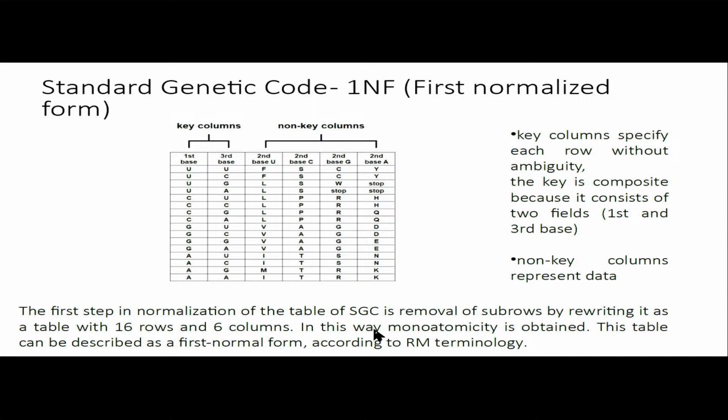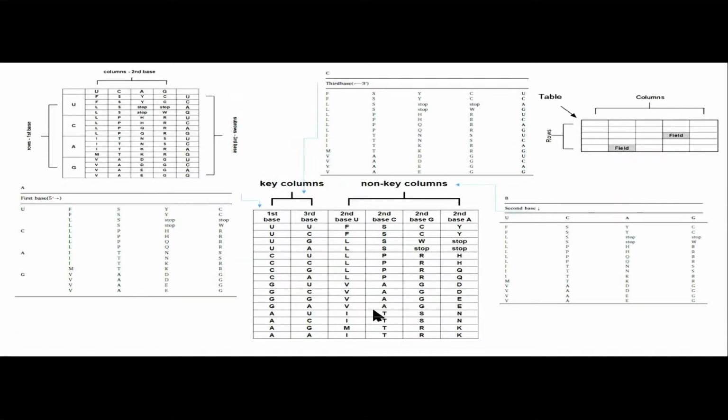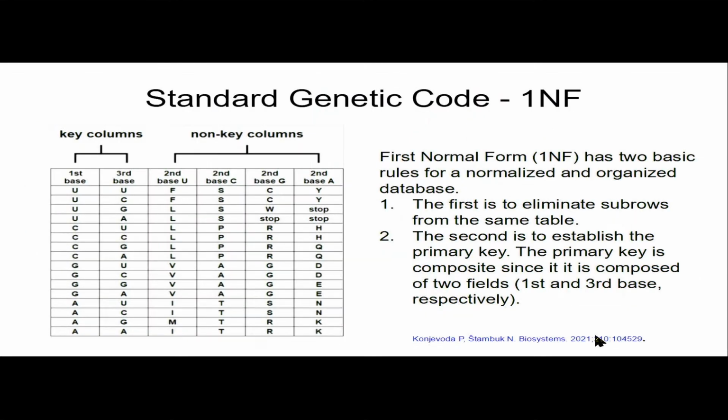Then the next step is to remove subrows, but first I'll show those three tables, how we have key columns and non-key columns. This is the first base, this is the third base, and the non-key columns are data attributes, in this context amino acids.